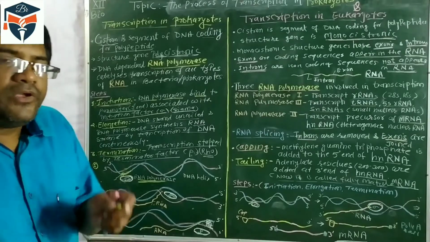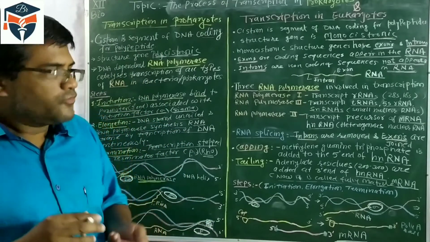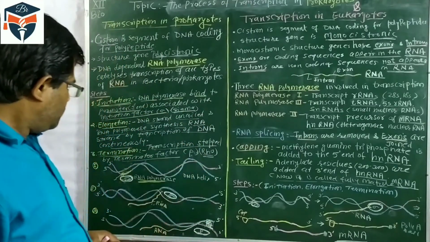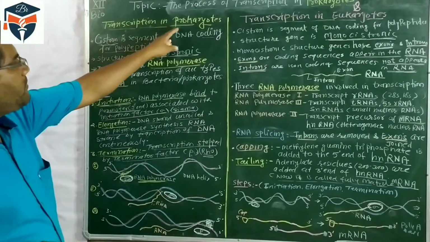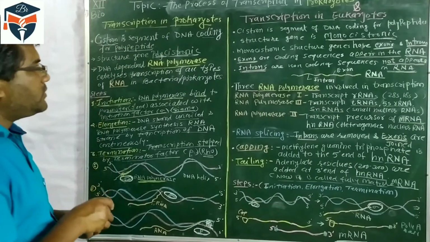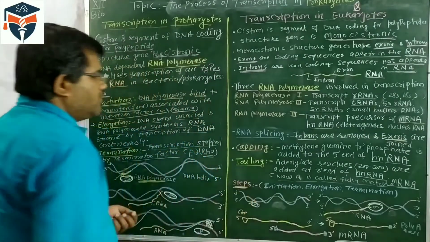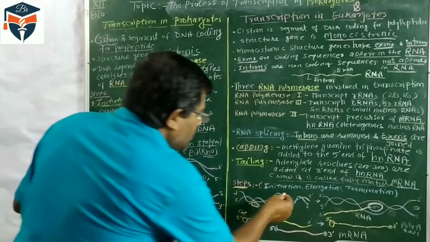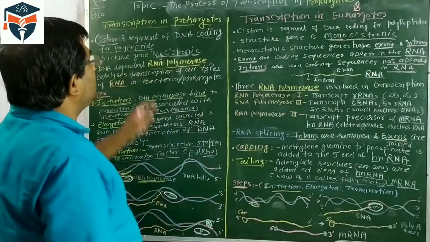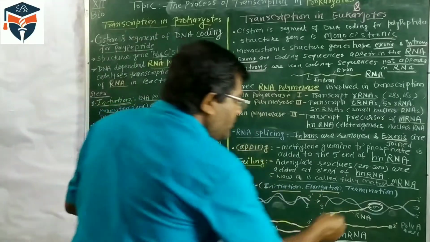Now if we compare the transcription with the eukaryotic, in eukaryotes also the process of transcription is similar. Here I have mentioned only the steps: initiation, elongation and termination.